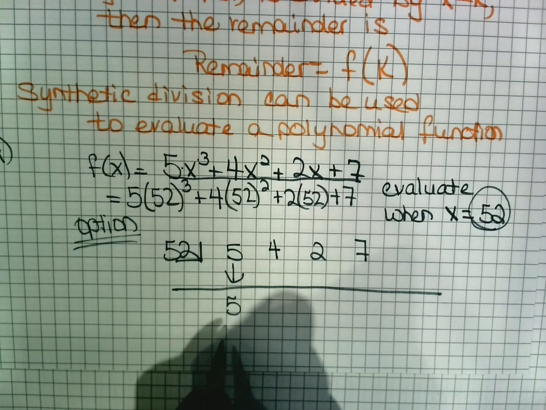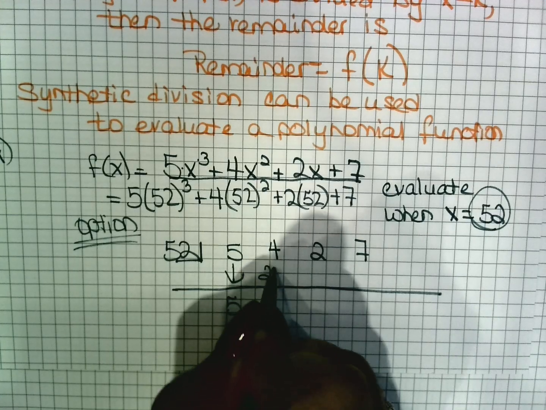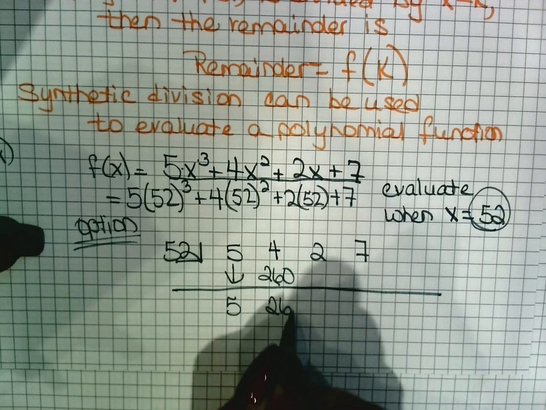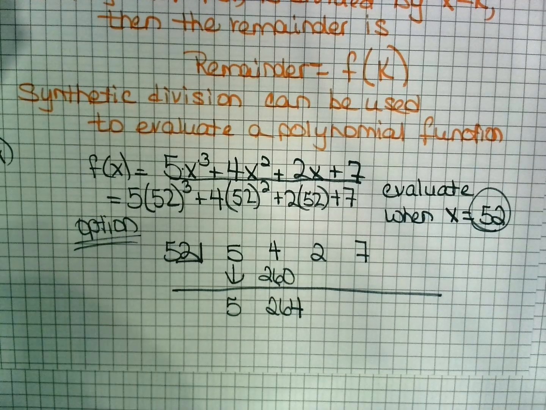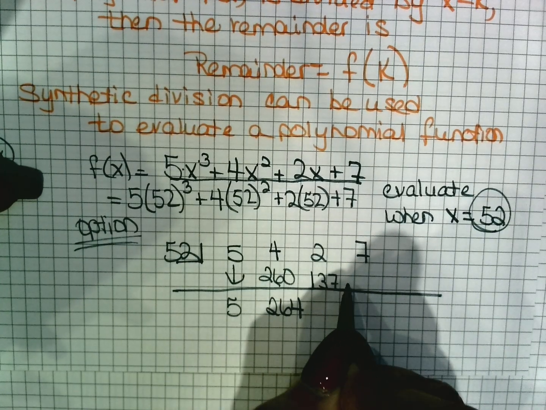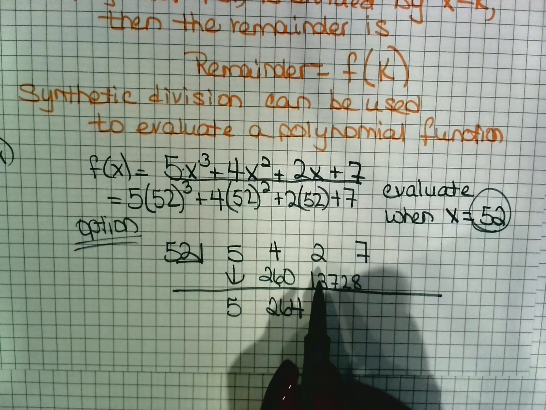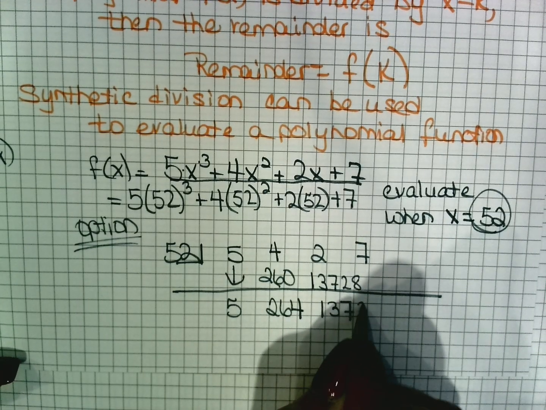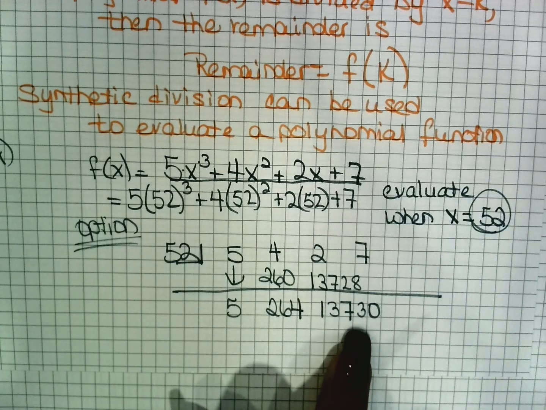and that's going to give me 260. 260 plus 4 is 264. 264 times 52 is going to give me 13,728. Plus 2, that's 13,730.